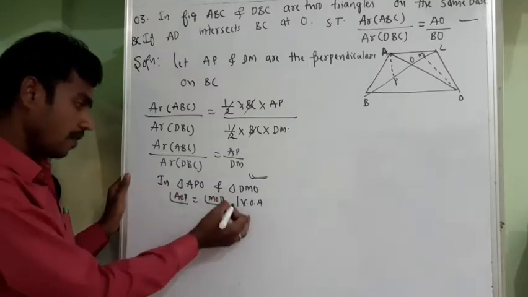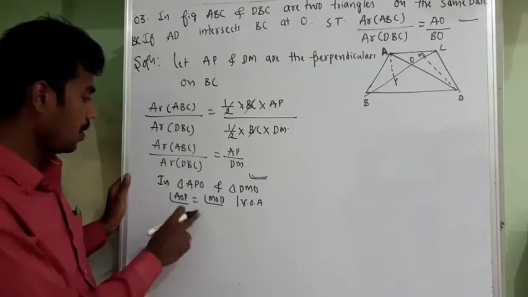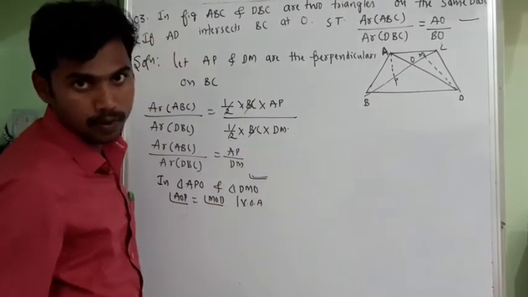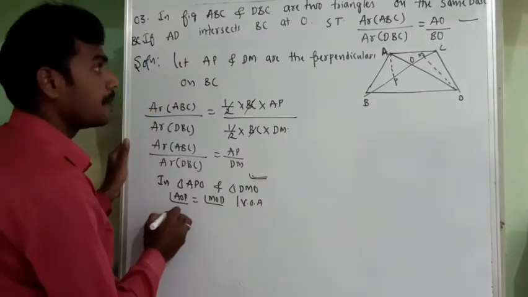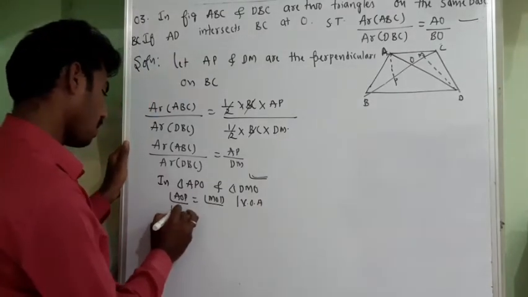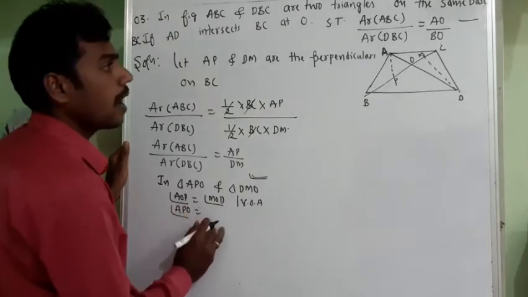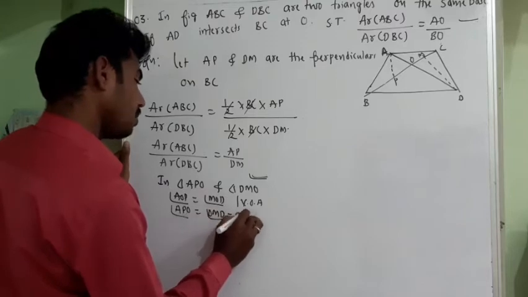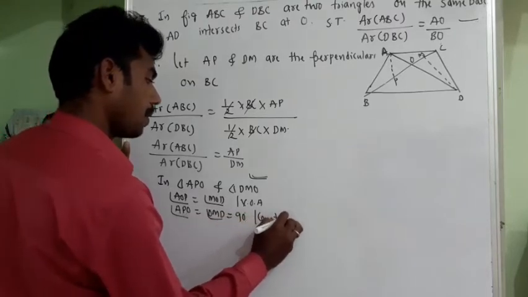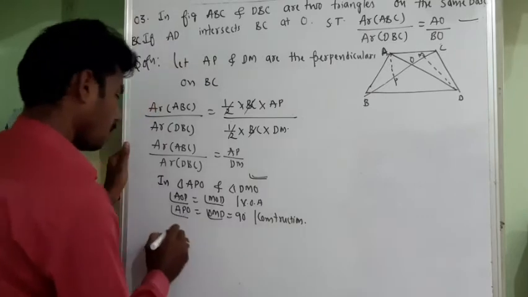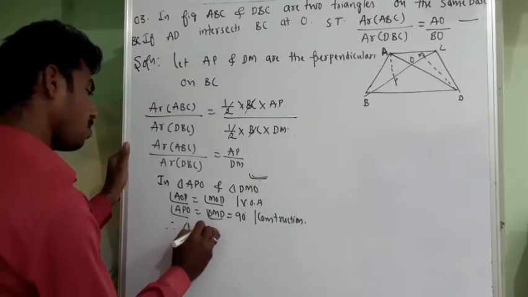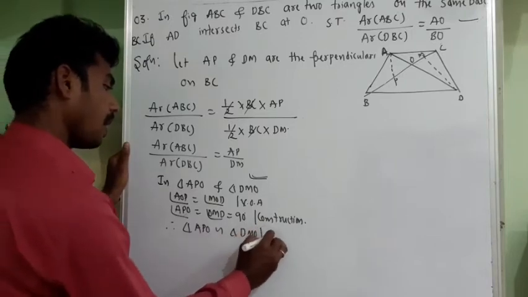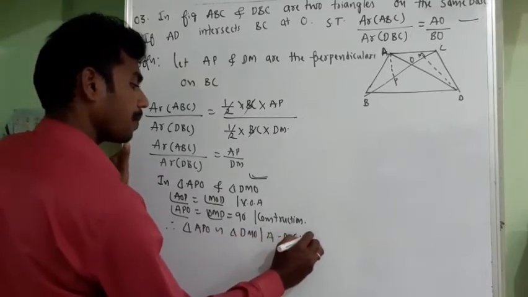So angle AOP is equal to angle MOD because they are vertically opposite angles. Next, angle APO is equal to angle OMD, equal to 90 degrees, through construction. Therefore, triangle APO is similar to triangle DMO by AA criterion.